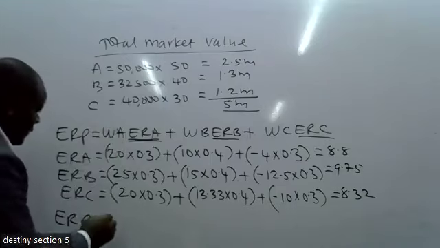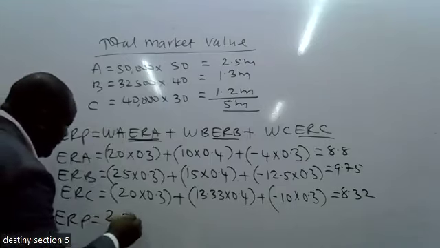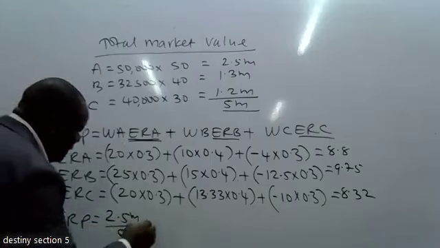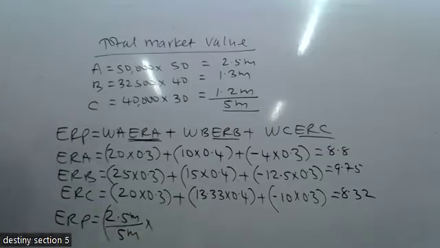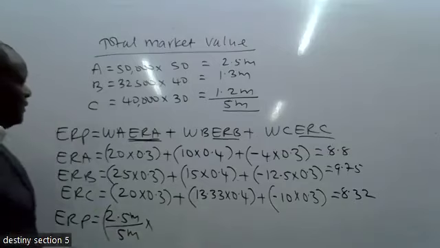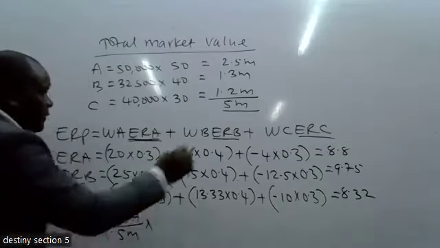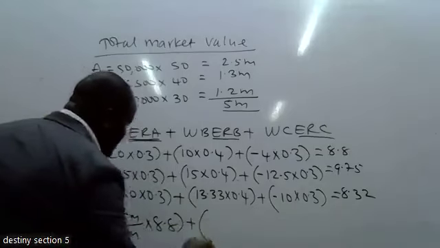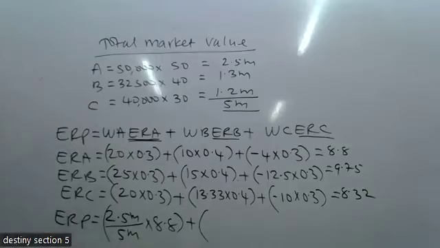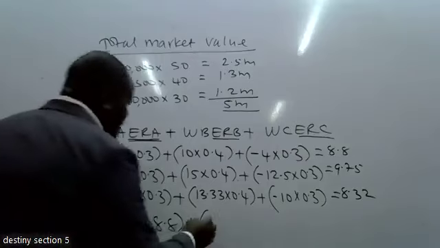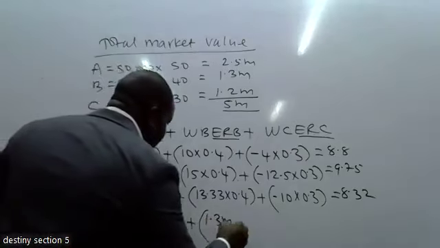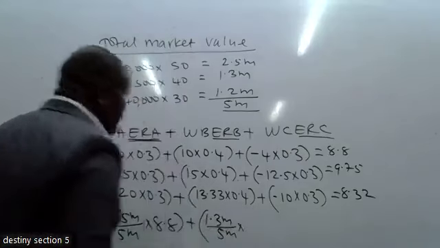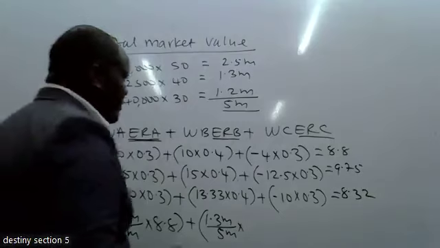So the weight for A, take 2.5 millions, divide by the total, which is 5 millions. So the return for A is 8.8. Now we have for B, the weight for B, it is 1.3 millions, also divided by 5 millions, multiplied by 9.6.